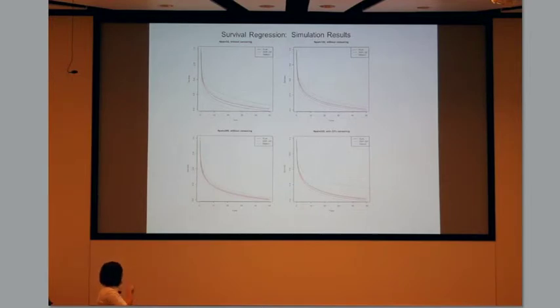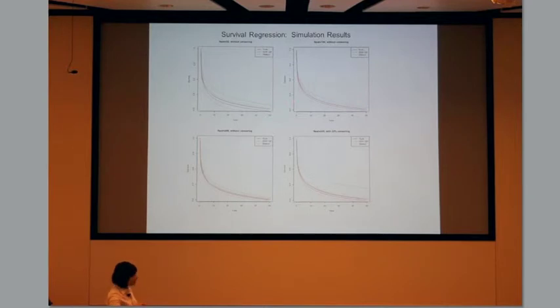In this simulation, we consider four scenarios. The first three scenarios don't consider censoring. The first has 50 patients, the second has 100 patients, and the third has 200 patients, so none of these three scenarios have censoring. And in the fourth one we have 200 patients, and we assume 23% of the data are censored.